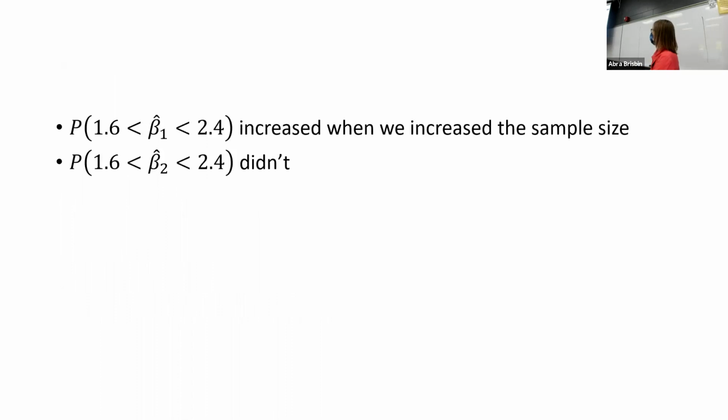But the probability that beta 1 hat was within 0.4 of beta equal to 2 increased when we increased the sample size. And the probability that beta 2 hat was within 0.4 of beta didn't increase. It stayed about the same.